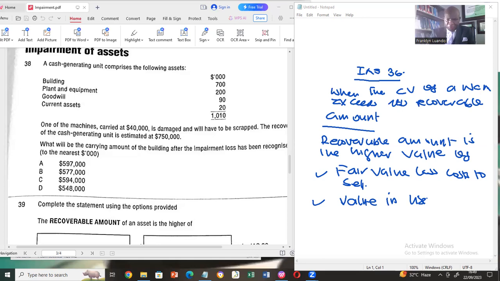So now we go to the definition for the cash generating unit. What is a cash generating unit? I will define the term cash generating unit and give examples.